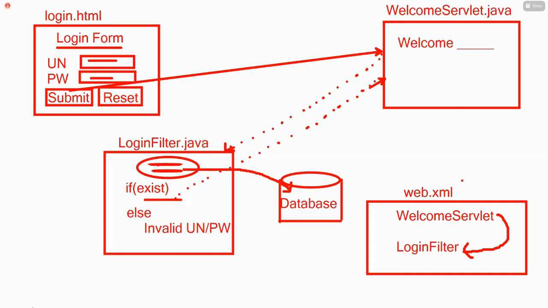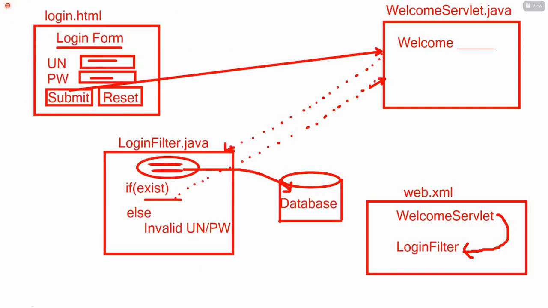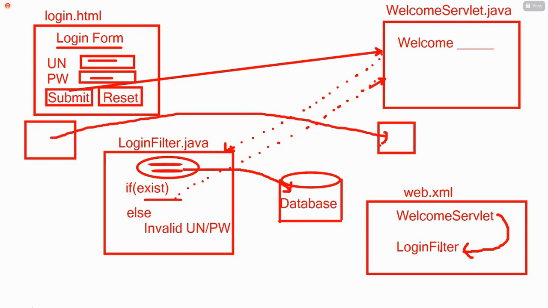So in future, what will happen? One more, it is chart login. It is the chart servlet. From here, control comes here. I'll write here: whenever control comes to the chart servlet, divert the control to the login filter. From here it comes here, and again from here it will come here.